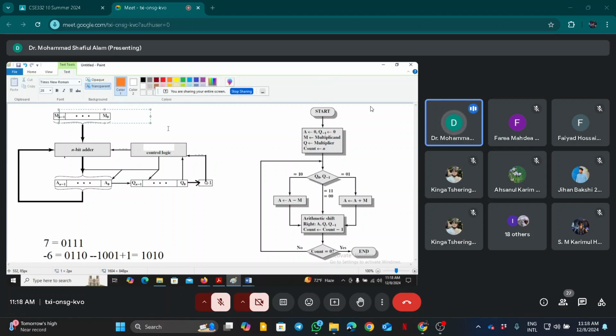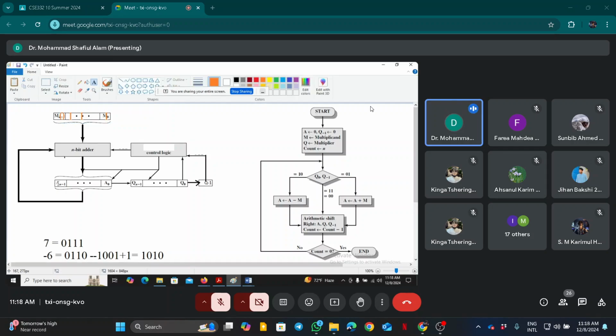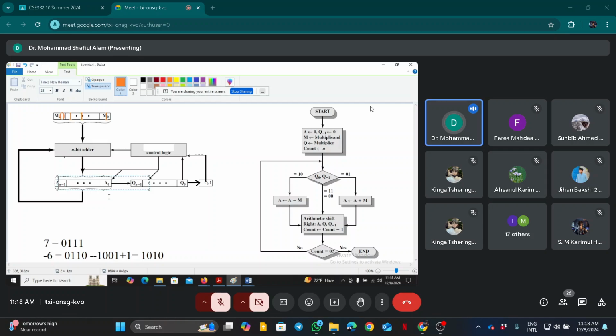To implement this, this register should be loaded with 0, 1, 1, 1. This is the content of this one. It will hold the multiplicand, right? And this register will be initialized with 0, 0, 0, 0.